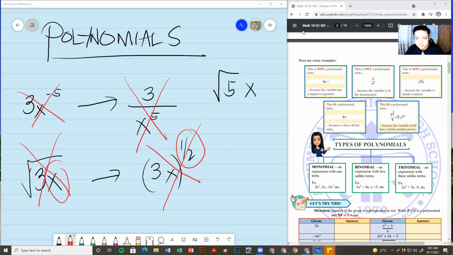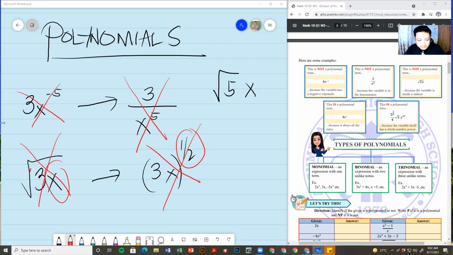Anyone? One said no because it has a variable. No, they said it's a polynomial. One of your classmates said.